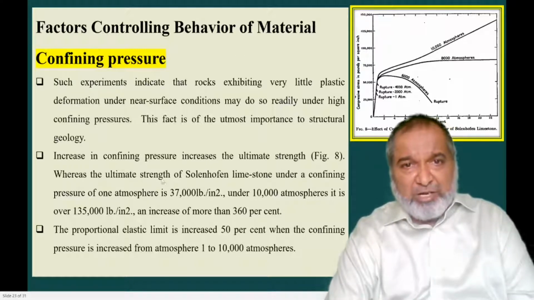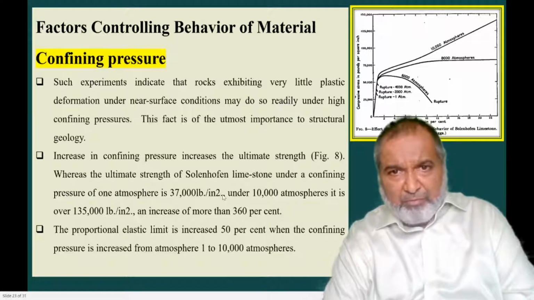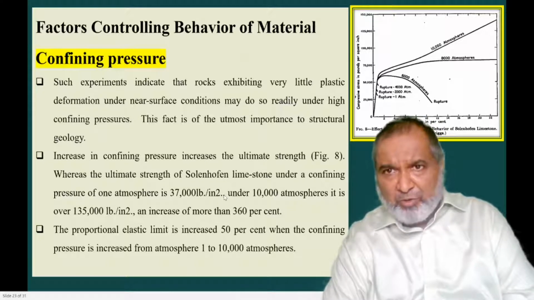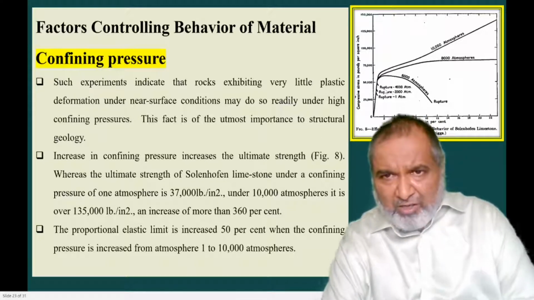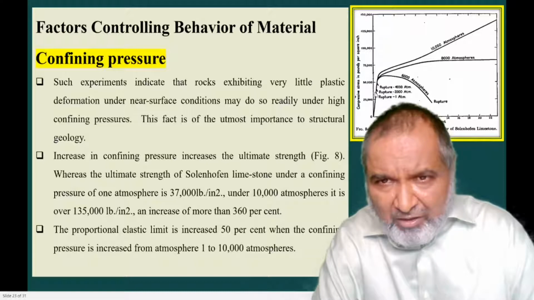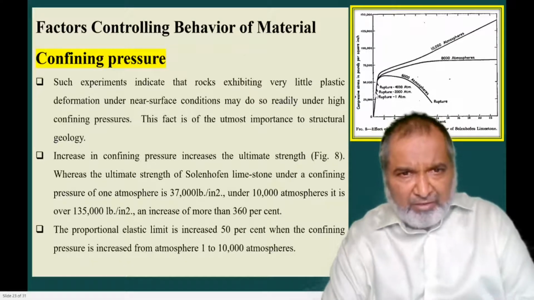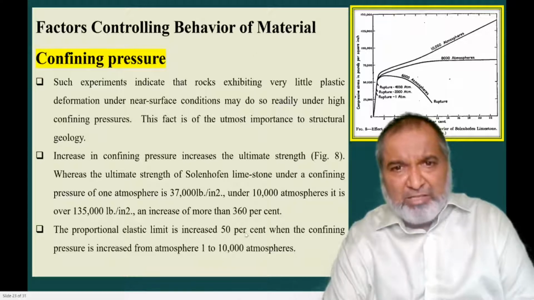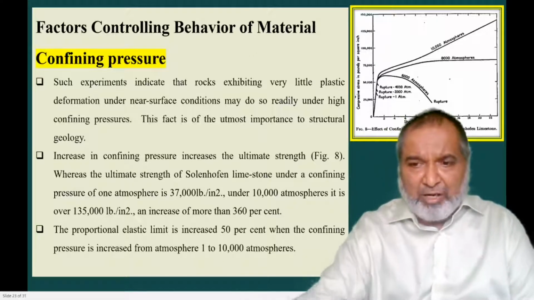The ultimate strength of Solnhofen at a confining pressure is 37,000 per square inch. Somewhere here it will be, 37,000. The proportional elastic limit is 50%, which we can make out.